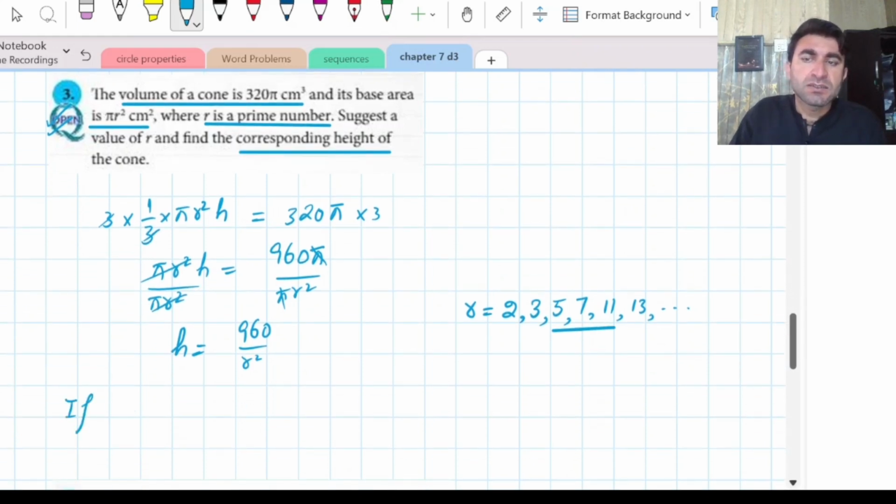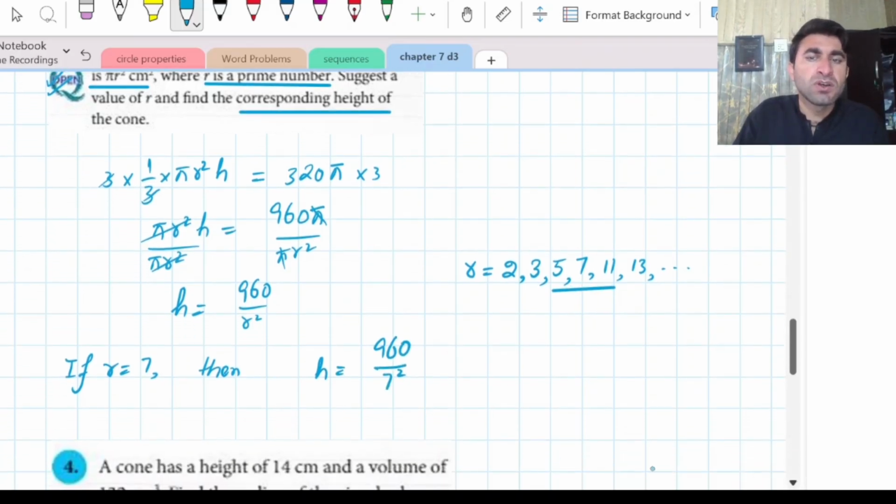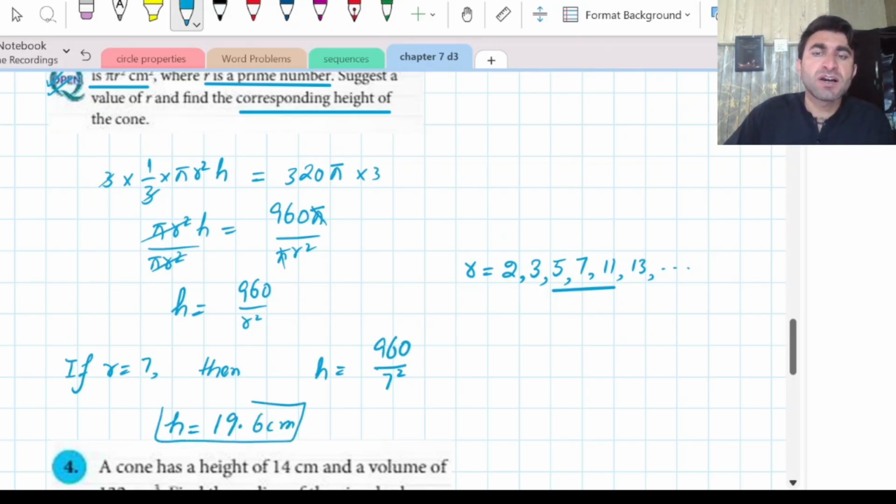If r is equal to 7, then h shall become 960 divided by 7 square, which is 49. After dividing with the help of a calculator, the value of h will become 19.6 centimeter. So that is the value of height if the value of radius is taken as 7.